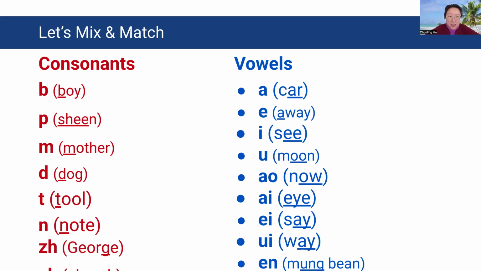Say d, and it comes with the vowels like da, de, di, du, dao, die, dei, dui, den.